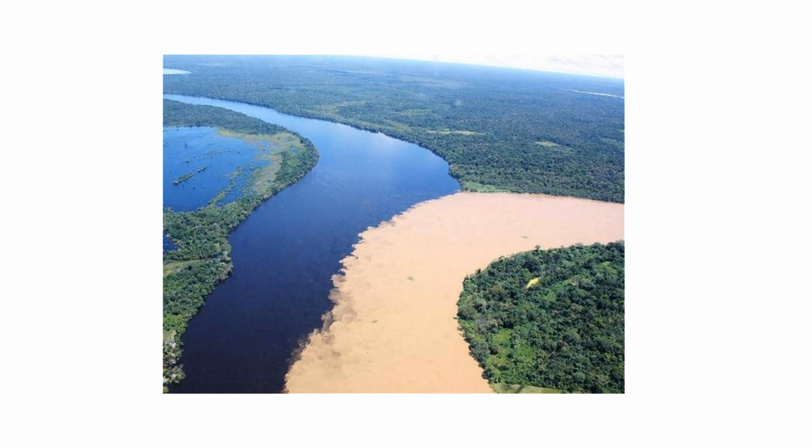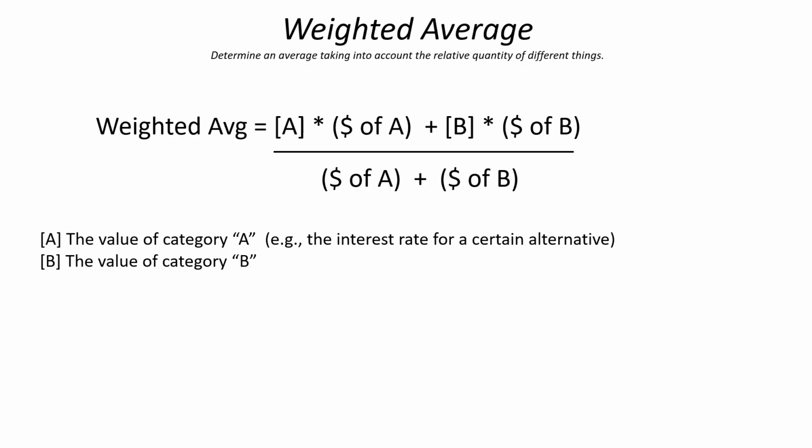A weighted average takes quantities into account rather than just a simple average, which is where you add them together and divide by 2. So in money, this, by the way, is a rearranged slide from the next lecture. I just dragged it forward because I wanted to introduce this formula today as well. A weighted average in terms of money, it is the value of something.